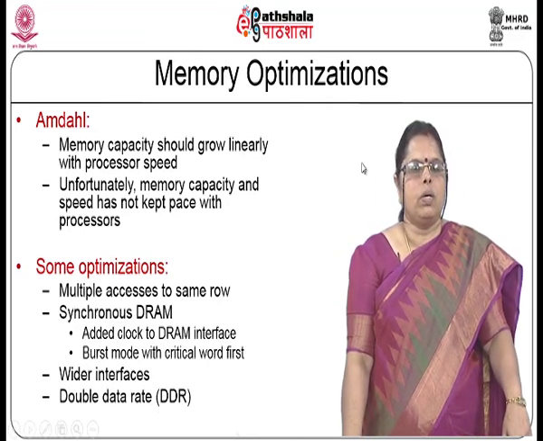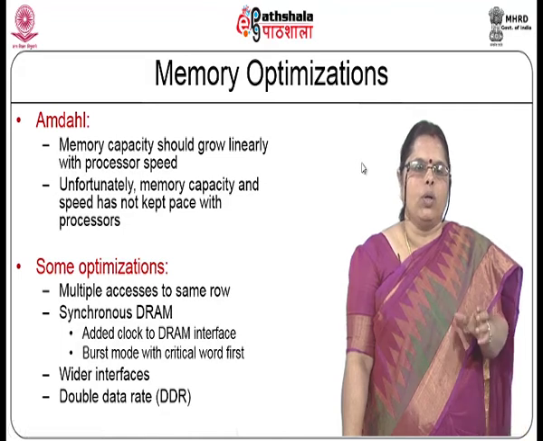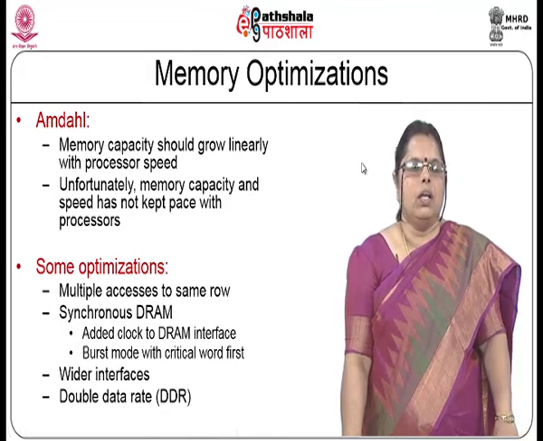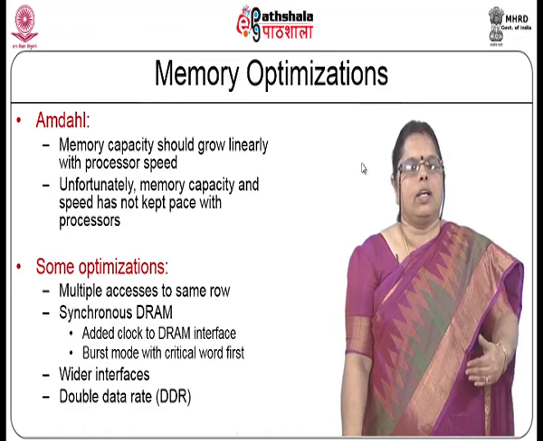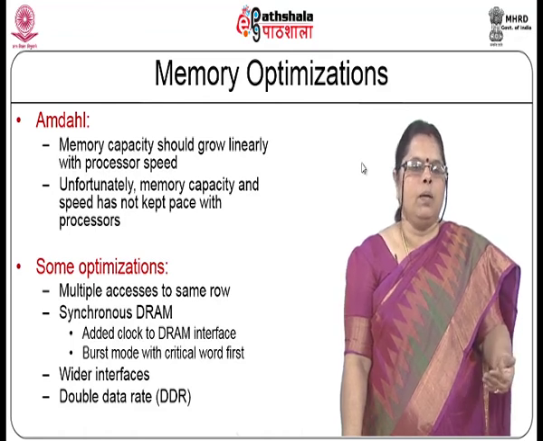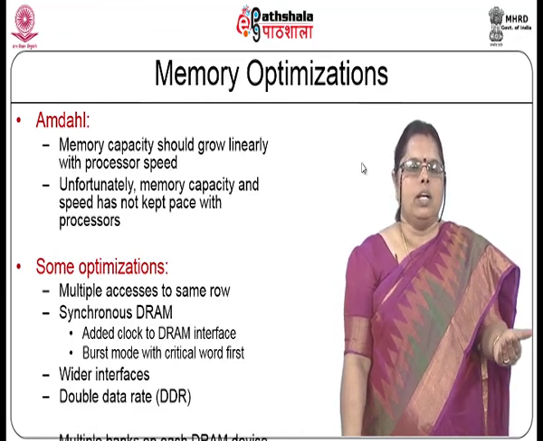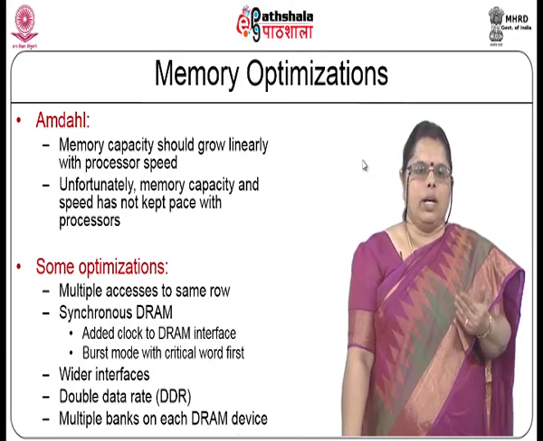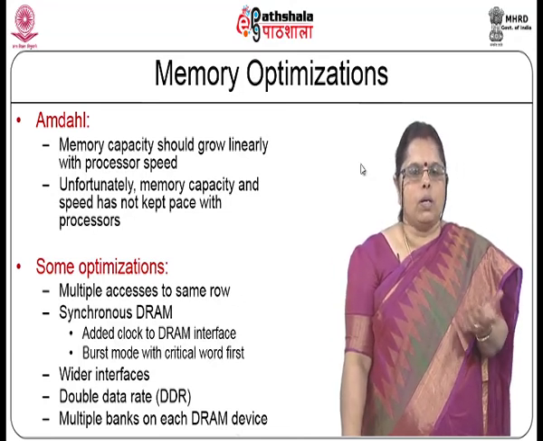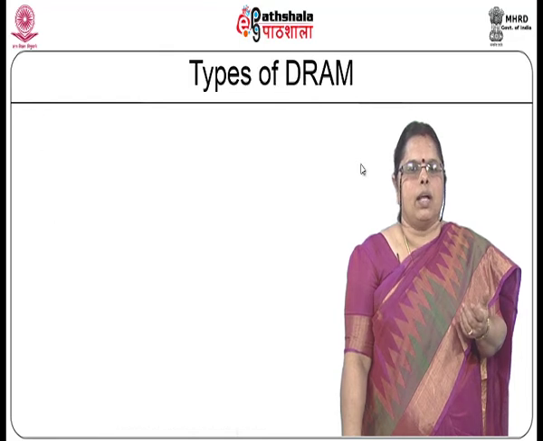The other optimization is going in for wider interfaces, and another is a double data rate DRAM, where data is transferred at double the rate compared to your normal DRAM. You can also look at multiple banks on each of these DRAM devices.